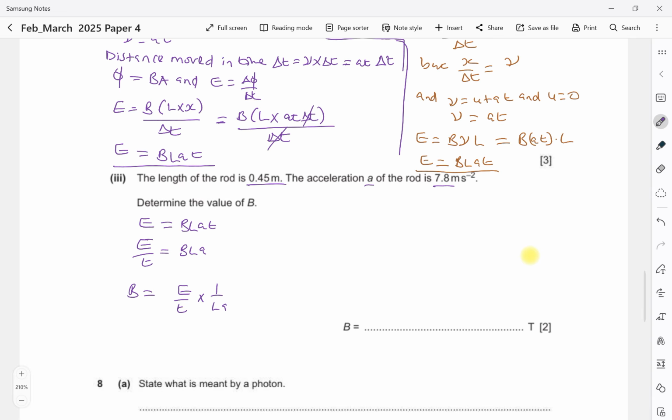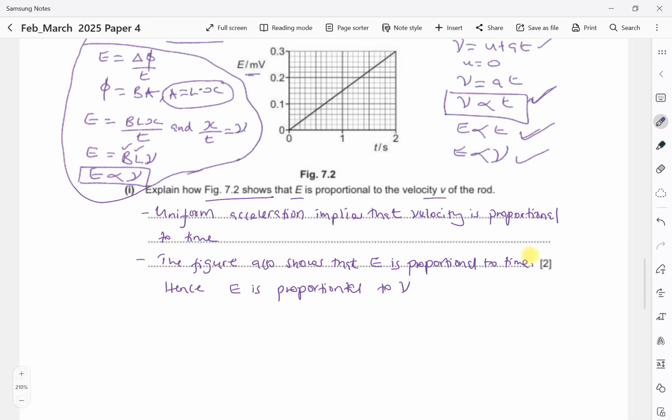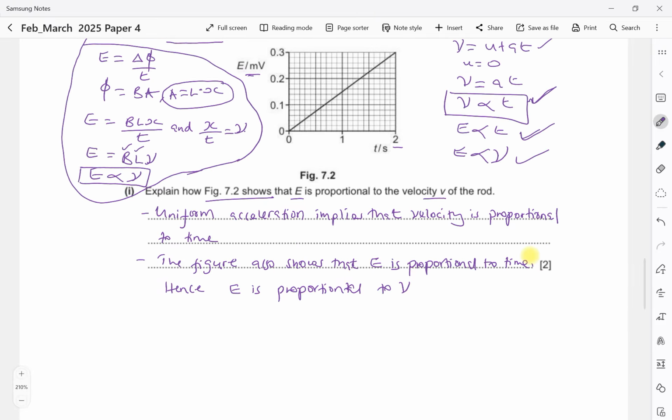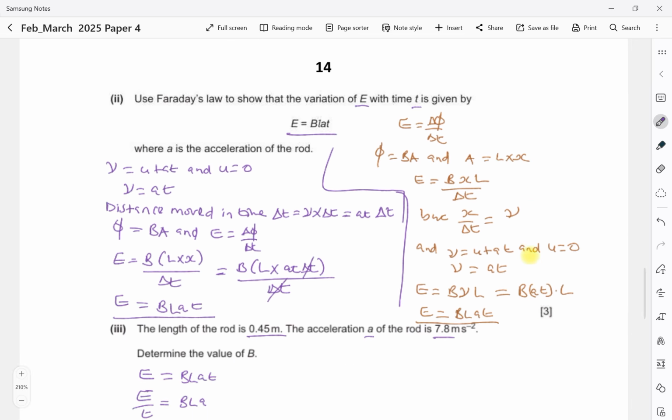So they have given us the length as 0.45. They have given us the acceleration, and E over t could be the gradient or a value from the graph here. I will just take 2 and 0.3 from the graph, or you can take the gradient.